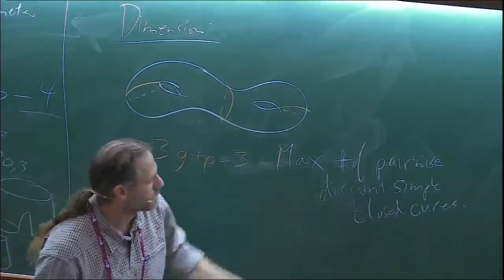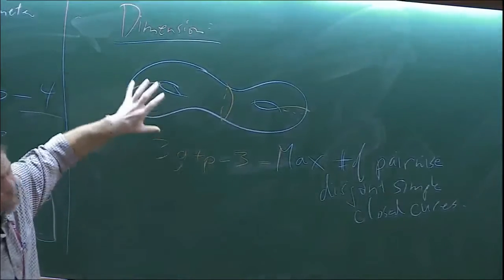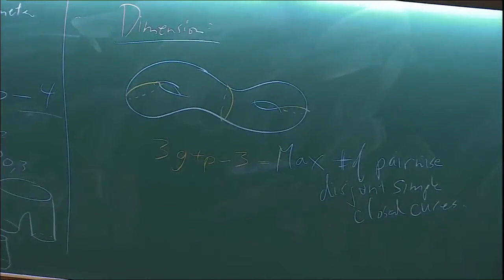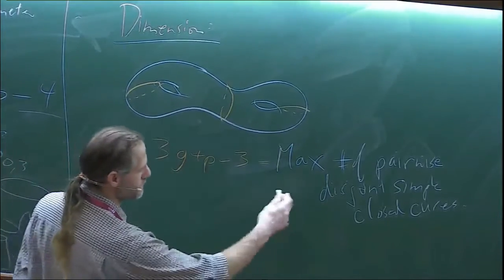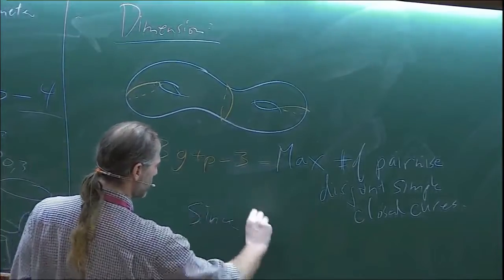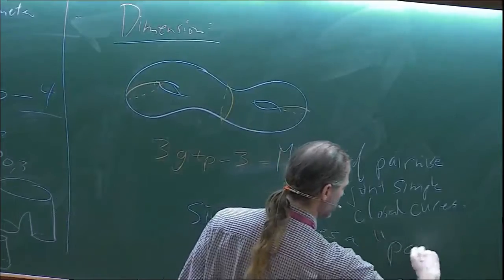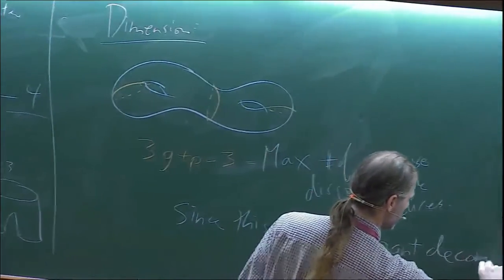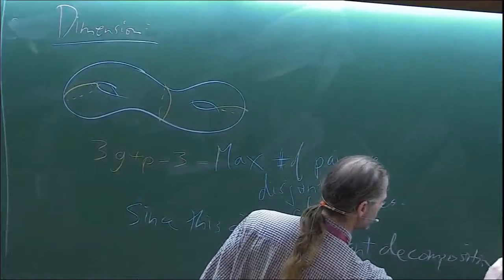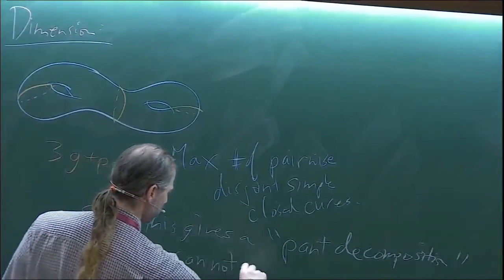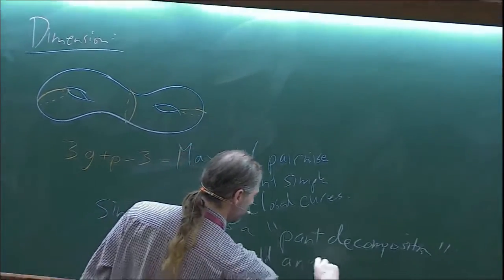Turns out this is the maximum number because this forms a pants decomposition. It forms a decomposition into 3-hole spheres, and so any other curve we throw in would reduce us to one of these other cases where we know that there's no more curves to add. So since this gives what's called a pants decomposition, a decomposition into 3-hole spheres, we cannot add any more curves.